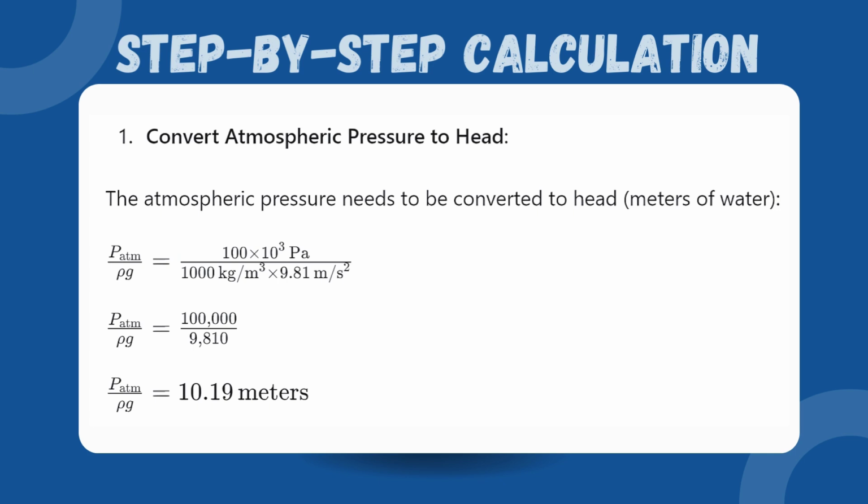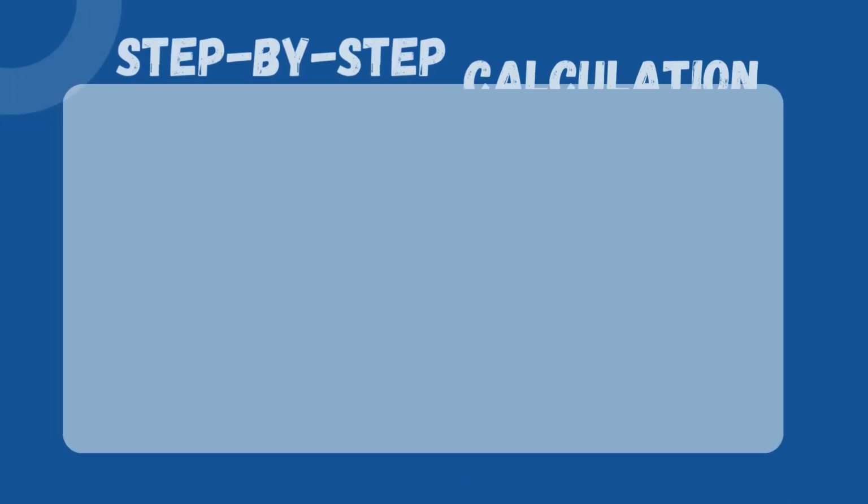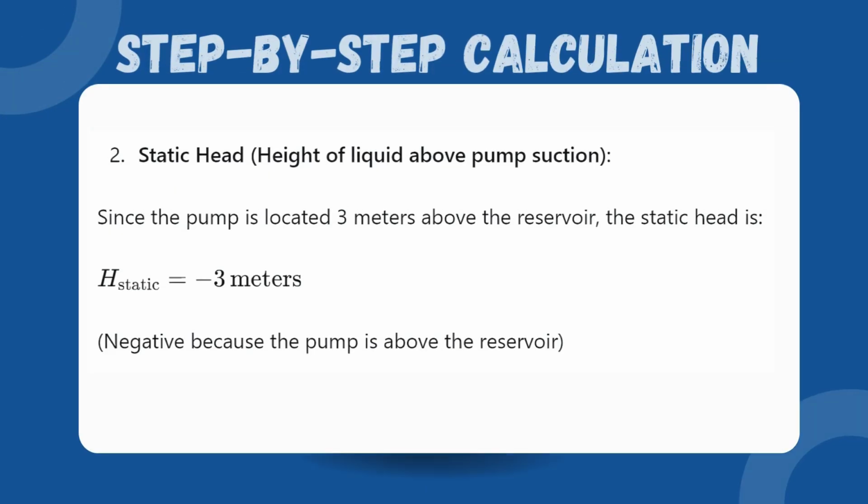And the equation here is atmospheric pressure upon rho g, which will be 100 into 10 raised to 3 upon 1000 into 9.81. And on calculating it, we will get atmospheric pressure upon rho g as 10.19 meters. So here the atmospheric pressure is now converted into head, which is 10.19 meter. Okay, now talking about the second term, which is static head.